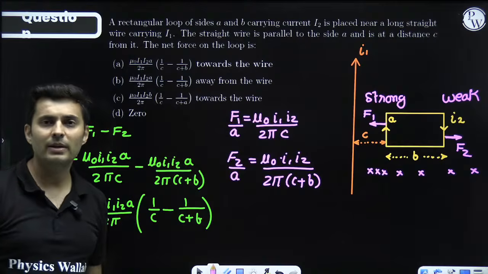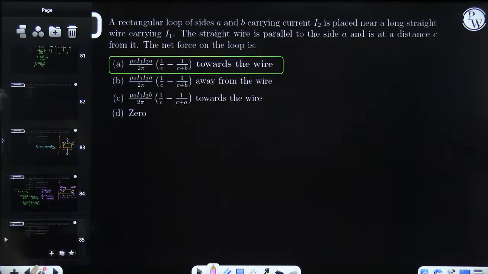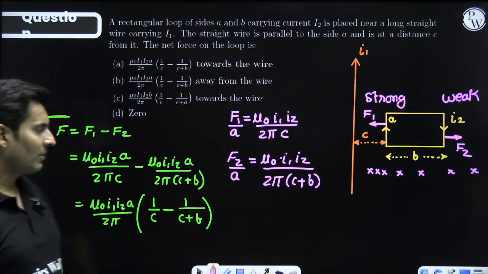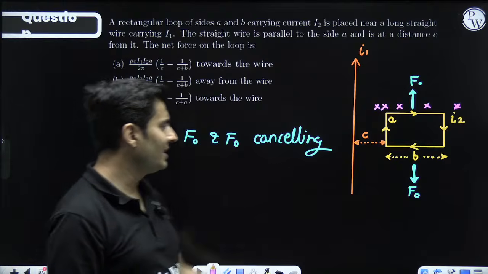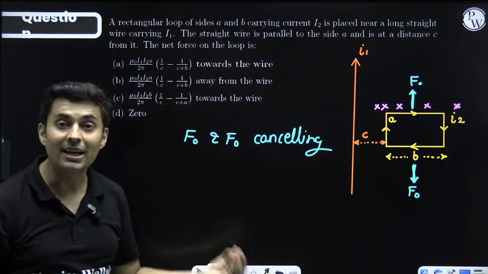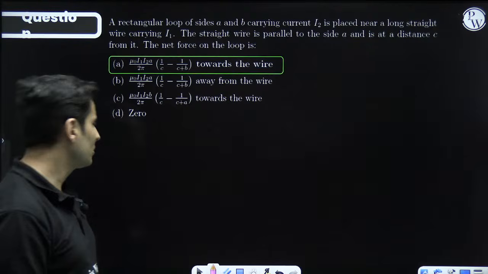That's why I know it will be towards the wire. Isn't it a good question, guys? Many people will get confused about what to do with these two segments, but those two segments didn't even matter. They got cancelled anyway. So don't worry about it. These were the two segments you had to solve.